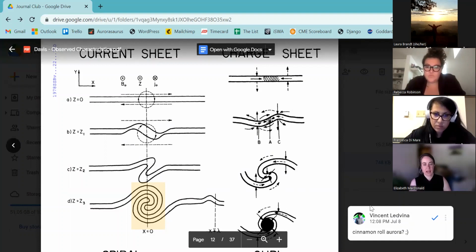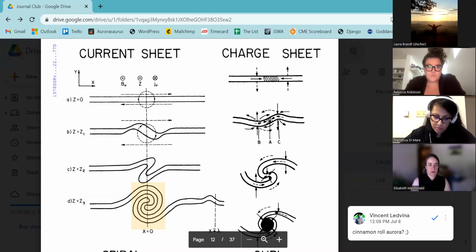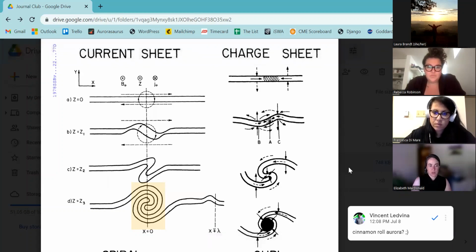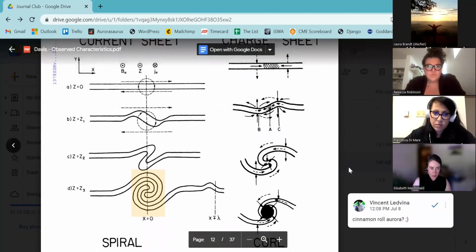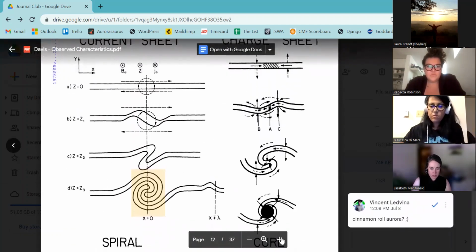And they're talking about how that's one theory for how this happens. We probably have to keep reading the article to keep talking about the difference between the spirals and the curls. Or no, maybe that is this figure. Hold on. I just need to see the caption more.